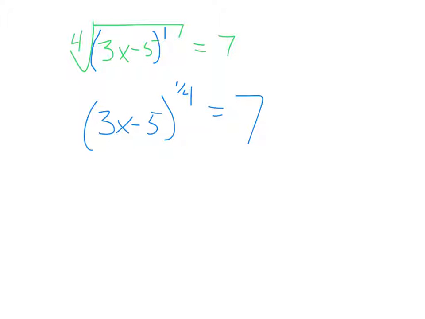All right, but the way to solve it is still the same. We would raise each side to the 4th power. Okay, and I'm redoing this to help you think about what you're really doing right here. So how is this number and this number related?